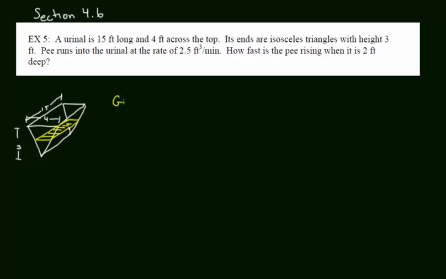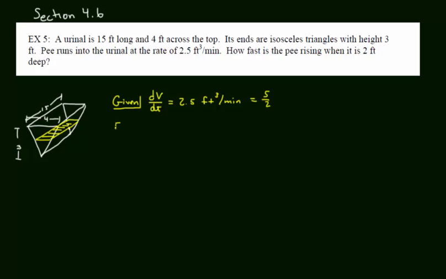So what is given? So like the other problem, pee is coming in, so that's going to affect the volume. So dV dt equals 2.5 feet cubed a minute. That would be equal to 5 halves feet cubed per minute.